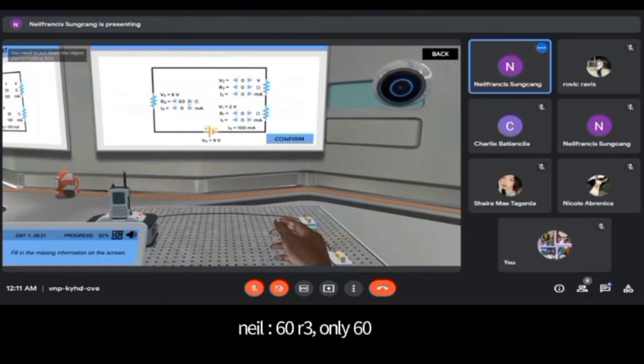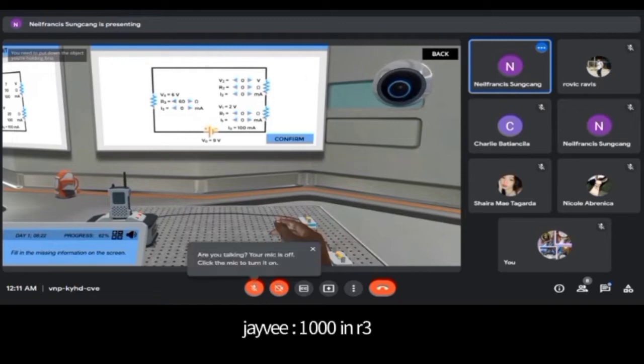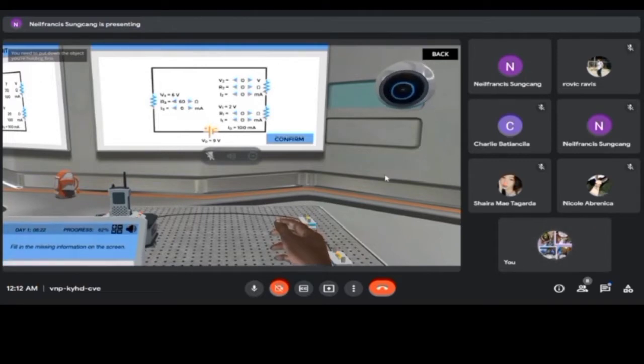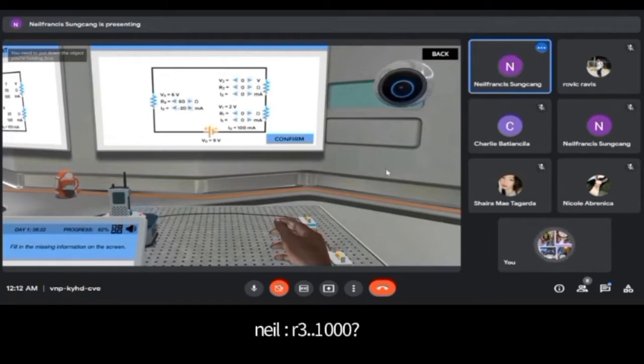R3, tapos sa 60 lang. Yung R3 60. Tapos 100 I3. I3 100. Sorry.